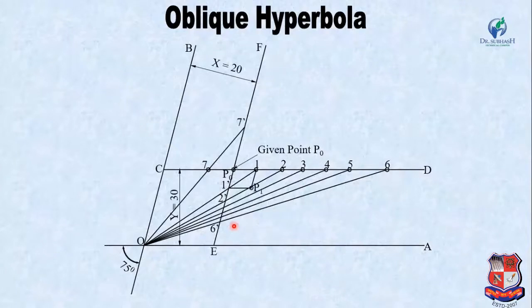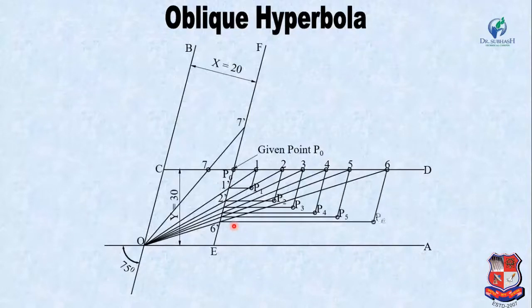Similarly, find the other points P2, P3, P4, P5, P6 and P7. Now join all these points by a smooth curve, and this is known as an oblique hyperbola.